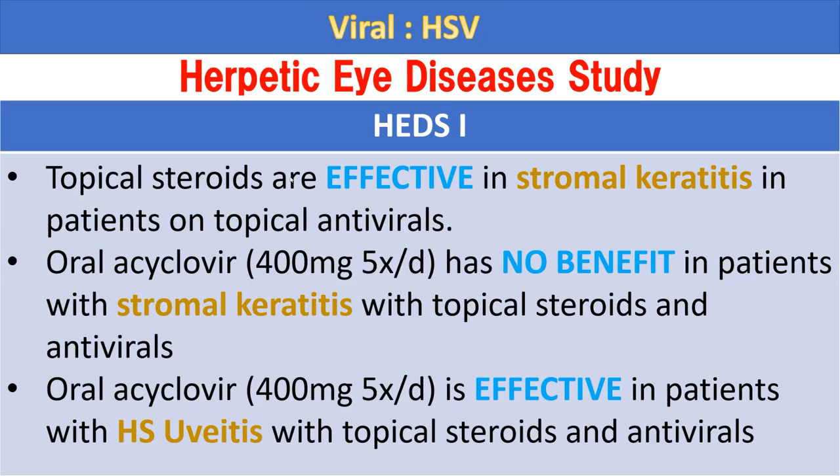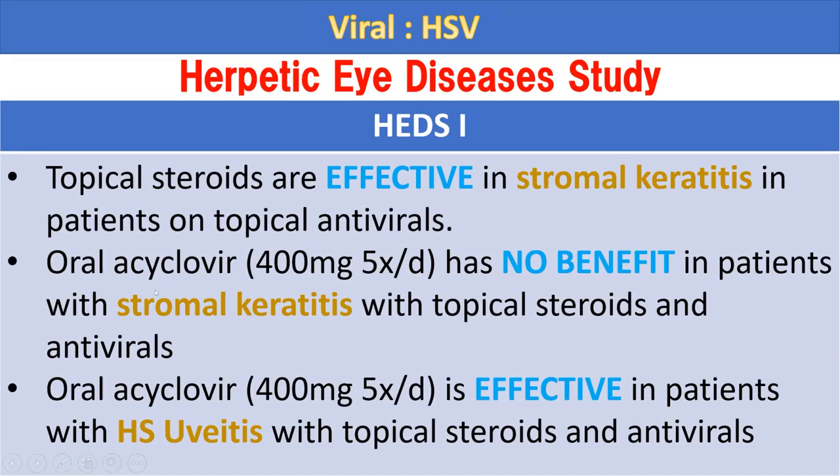According to the result of this study, topical steroids are effective in stromal keratitis in patients on topical antiviral. That's why we give topical steroids for patients with disciform keratitis under cover of topical antiviral.